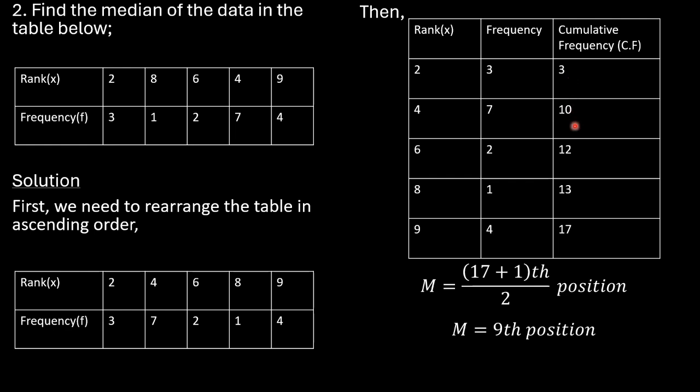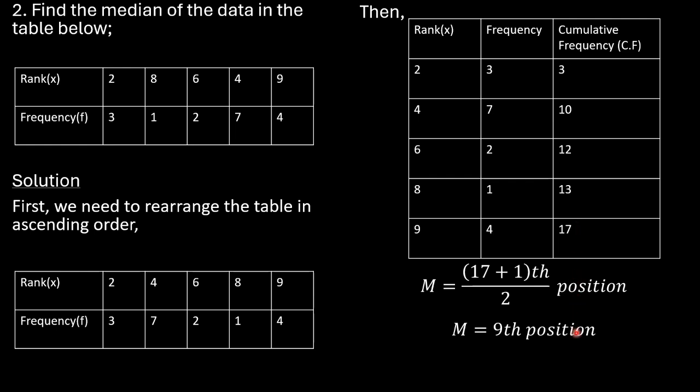And here, that means that all the numbers from the 4th position to the 10th position are 4. Also, this 12 means that all the numbers from the 11th position to the 12th position are 6. Likewise, this means that 8 appears only once, which is in the 13th position, and 9 starts from the 14th position to the 17th position.